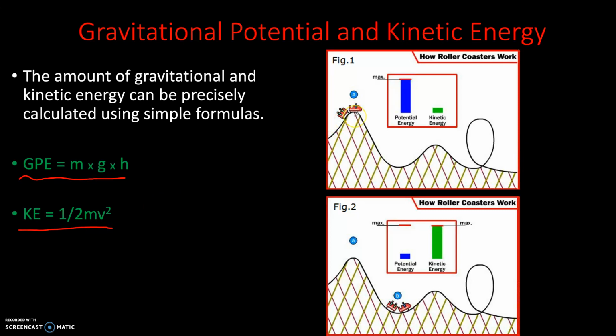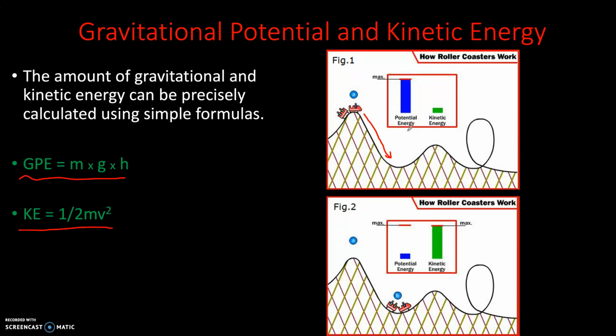In the case of a roller coaster, there's a relationship between gravitational potential energy and kinetic energy. At the top of the roller coaster, you've got the maximum amount of GPE, gravitational potential energy, and as the roller coaster falls, it transforms that GPE into kinetic energy as it gets faster and faster.